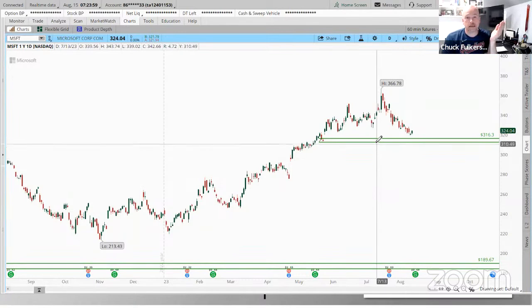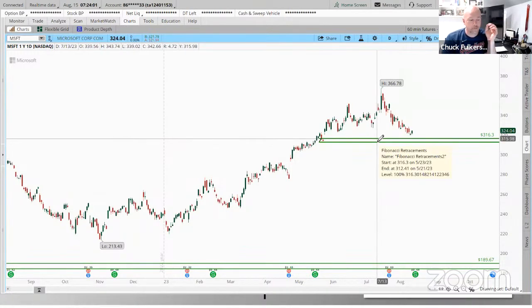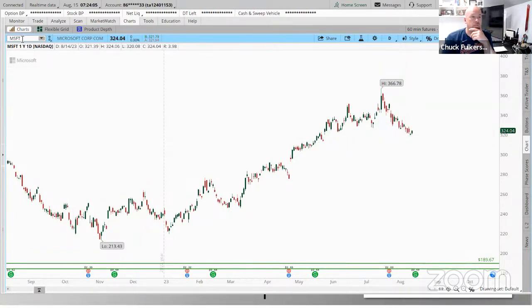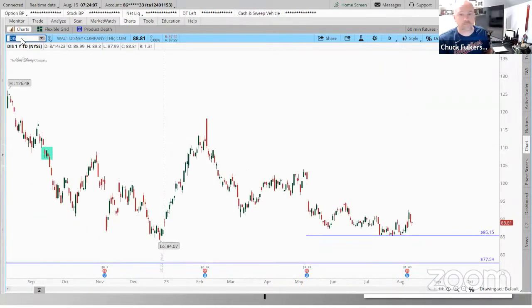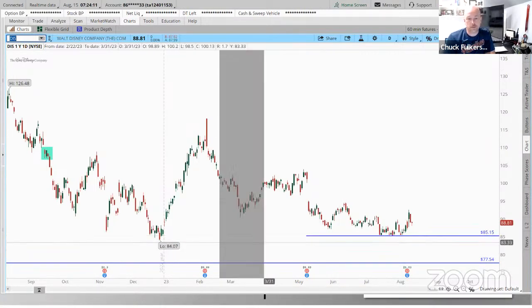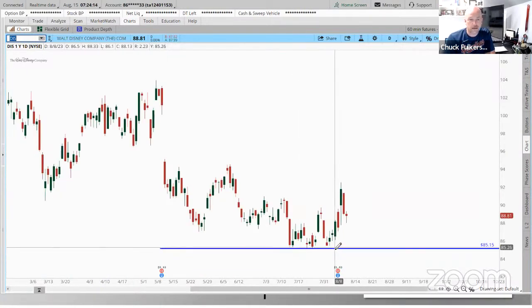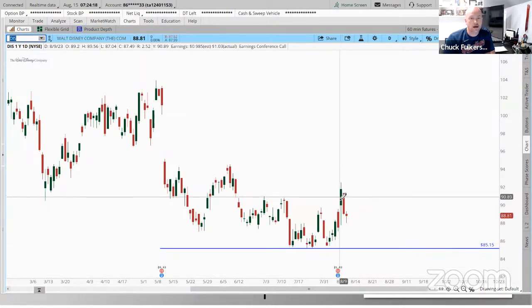Now, that's a fairly strong bullish example. What about a bearish example? Well, for a bearish example, let's look at Disney. Okay. Now in Disney, I was looking for a potential breakdown below 85.15. Unfortunately, never got it. Small move just above.